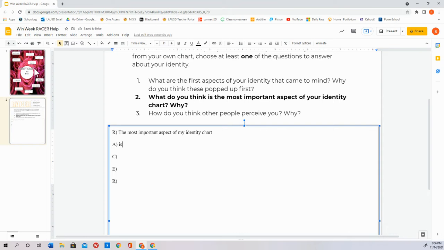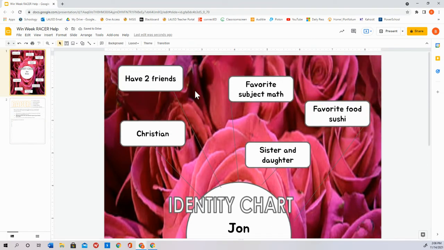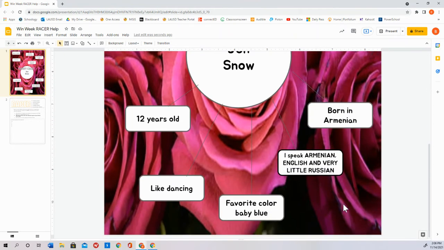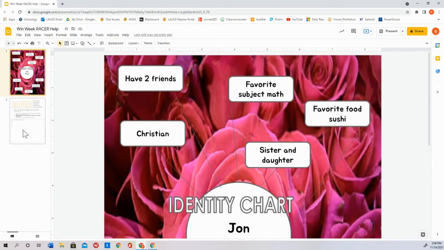And then go back to your identity chart and figure out, is it that you have 2 friends? Is it that your favorite subject is math? Is it because you're Christian? That you're a sister or a daughter? Is it that you speak multiple languages? That you like dancing? Go ahead and choose one.